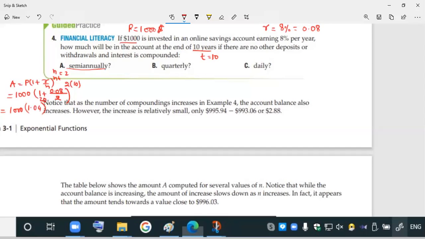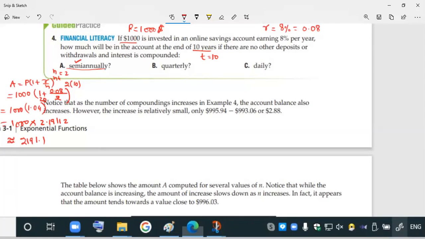So the answer is coming 1000 into 2.19112. So multiply this by 1000. So the decimal will move to the right-hand side 4 places. So your answer will be 2191.1 approximately. This is the amount after 10 years when compounded semi-annually.